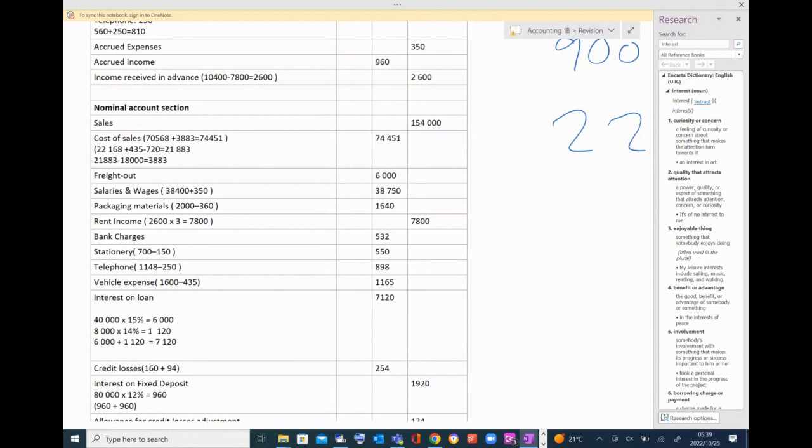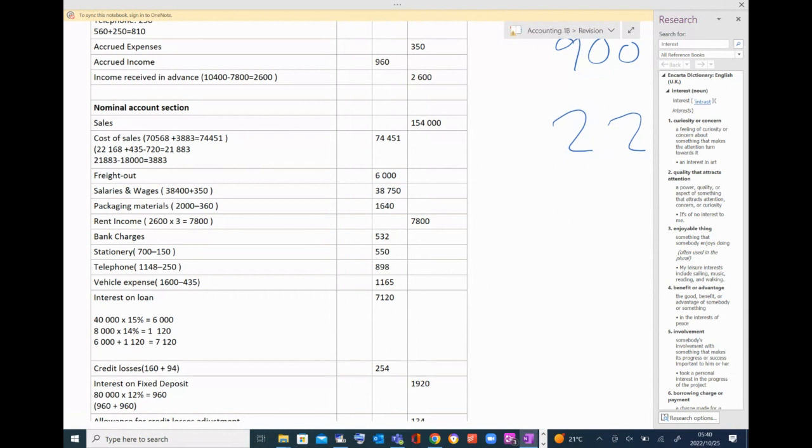So, in light of the arguments that you have been presenting to me, when it comes to trading inventory, let's read this transaction again, just to make sure. An amount of 435 for freight on purchases of trading inventory was incorrectly debited to the vehicle expense during January 2021.